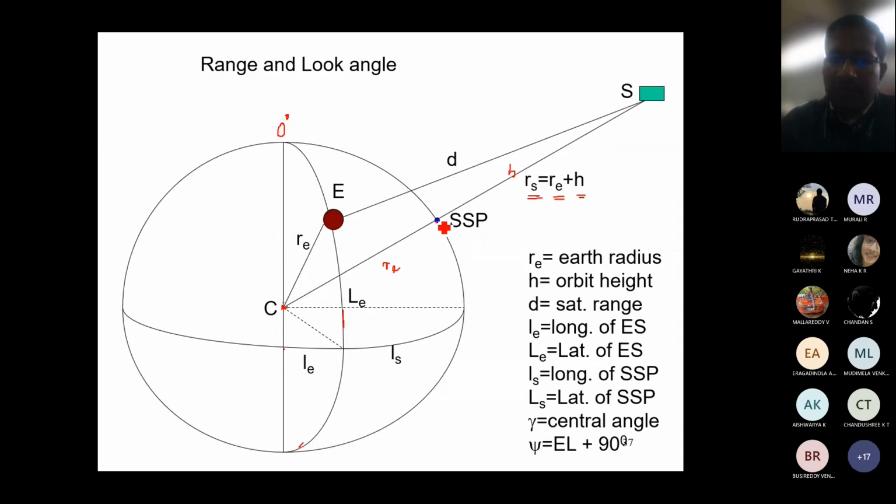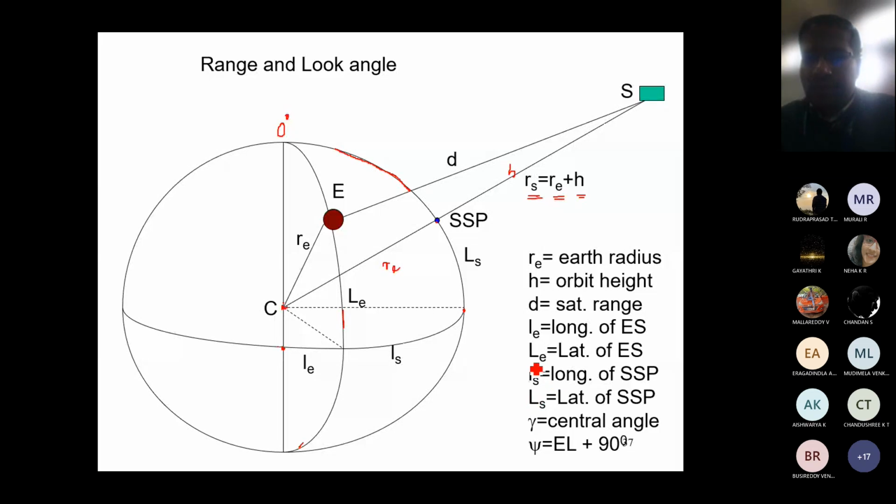This is the subsatellite point, and its longitude is the value from this point to this point, because the subsatellite point lies on this longitude.